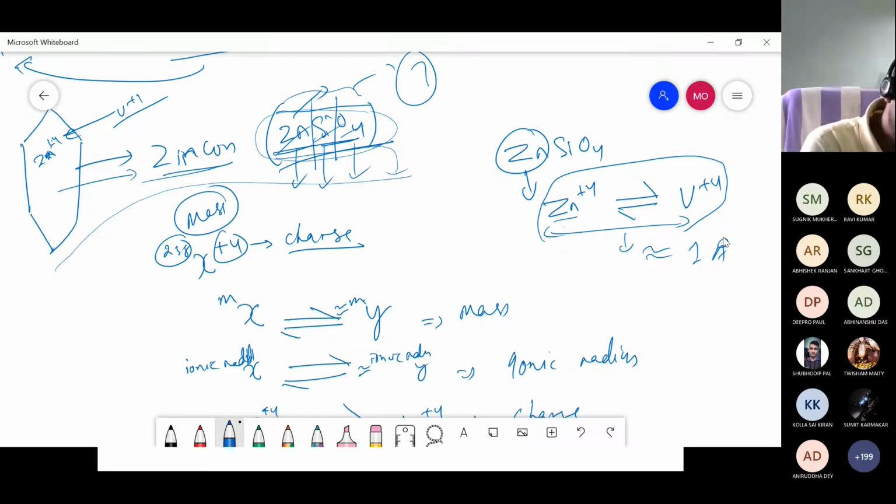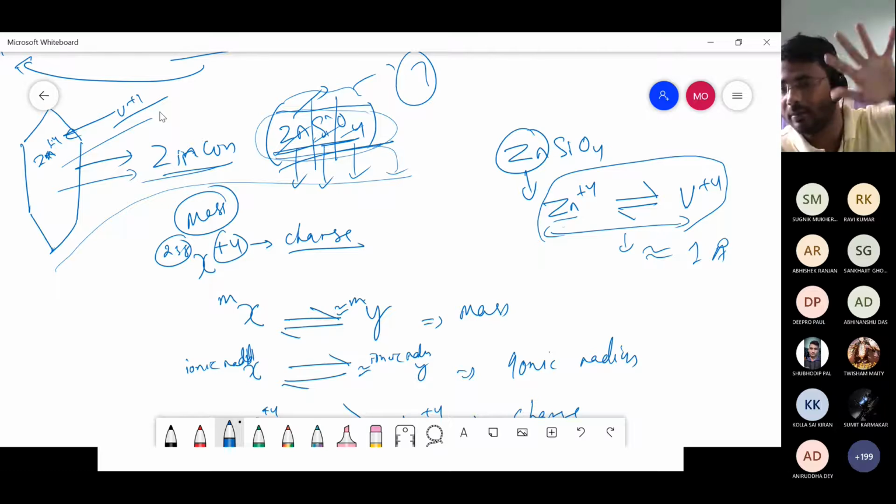Similarly, while producing a mineral like zircon, when it precipitates from the melt, there is a high possibility of the element zirconium being replaced by uranium in the structure of zircon. So this is how you get uranium trapped within zircon.